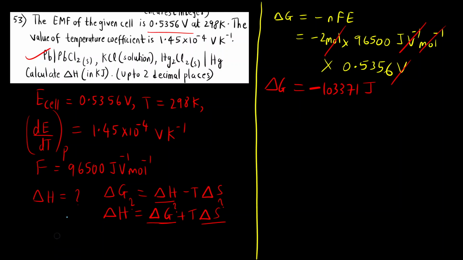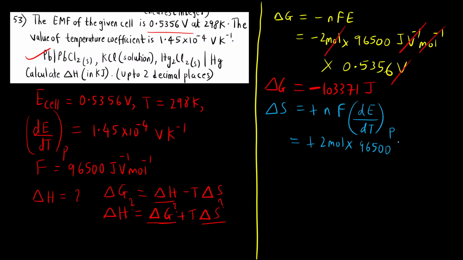Now we can calculate the value of delta S. That formula you must know: delta S is plus nF into dE by dT at constant P, that is the temperature coefficient. n is again 2 mole, and F is 96500 joule per volt per mole, into dE by dT, which is given as 1.45 into 10 raised to minus 4 volt per Kelvin.